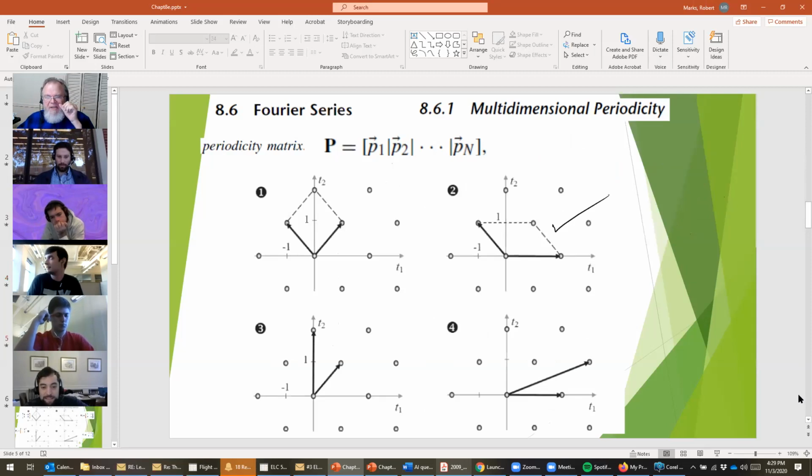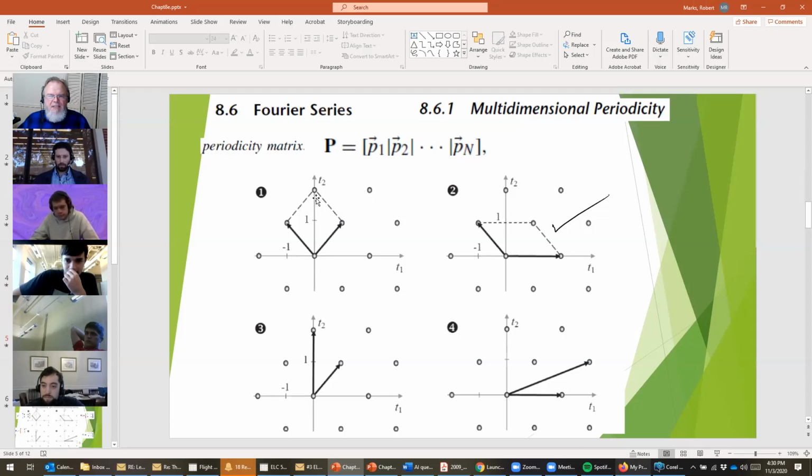Okay, so here we have, for the same periodicity, notice the periodicity points are the same in 1, 2, 3, and 4, right? But what I've done here is I have characterized them by different periodicity matrices or different periodicity vectors. And what this does is it's going to change the integer indices on all of the points.